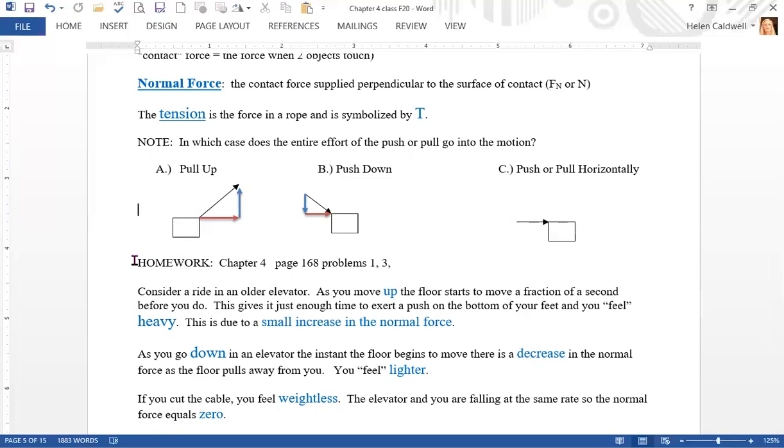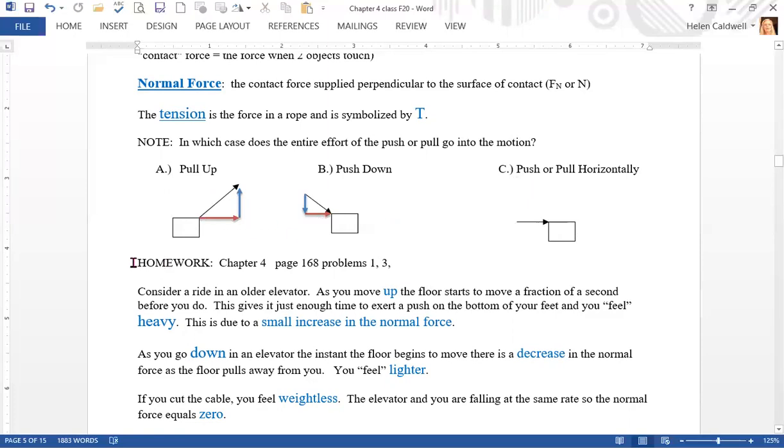What I found interesting is they all leaned over so that the chain was parallel to the ground, so that all the effort of their pull was like the third example, C, and went into moving it. In the first two examples, some of your effort is used to either lift up or push down on the object, not to move it horizontally.